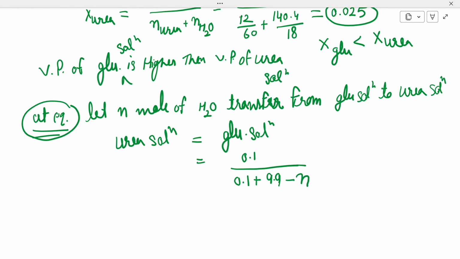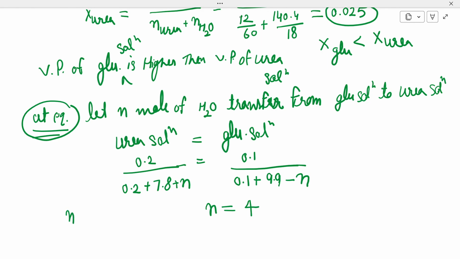But because n moles of water, suppose n moles of water are transferred from glucose solution to urea solution, that's why we have to subtract n here. And the mole fraction of urea in urea solution will be equal to the number of moles of urea, 0.2, divided by 0.2 plus the moles of water that were previously present, 7.8, plus the extra n moles of water that come from glucose solution.